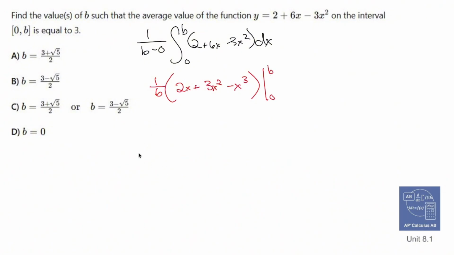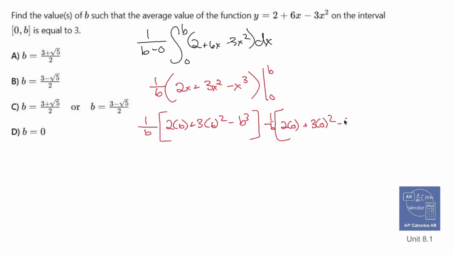So let's set it up. We've got 1 over b times 2b plus 3b squared minus b cubed, minus 1 over b times 2 times 0 plus 3 times 0 squared minus 0 cubed.